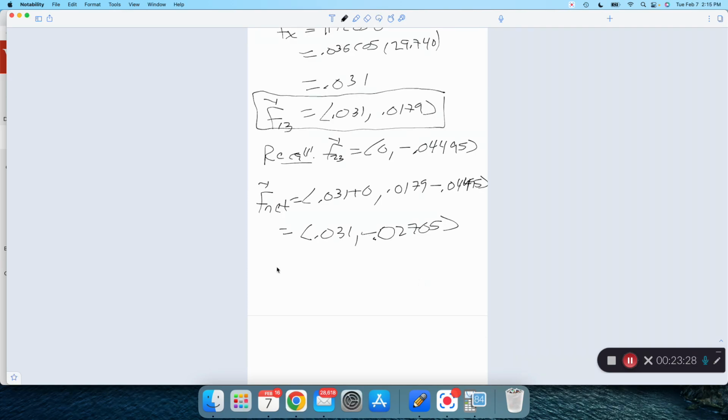And then we find that magnitude. So the magnitude of the net force on Q3. So again, I'm just going to write this here because I'm going to upload this document. This is on Q3. It will be the square root of 0.031 squared plus 0.02705 squared.